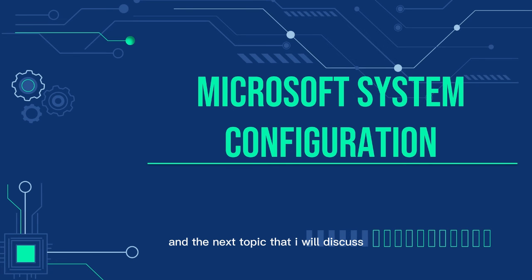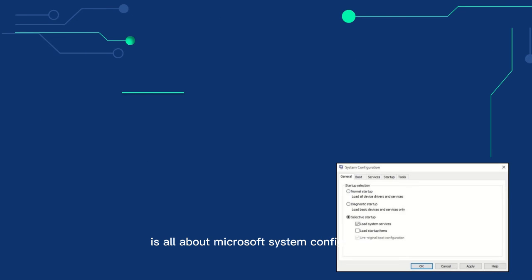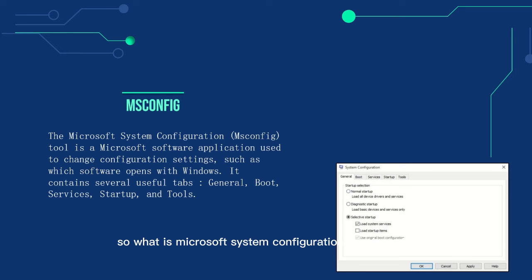And the next topic that I will discuss, and the last discussion, is all about Microsoft System Configuration. So, what is Microsoft System Configuration or msconfig? The Microsoft System Configuration or msconfig tool is a Microsoft software application used to change configuration settings, such as which software opens with Windows.